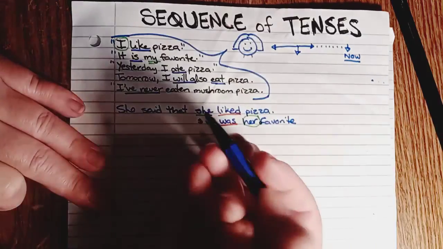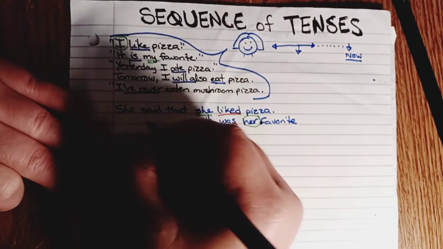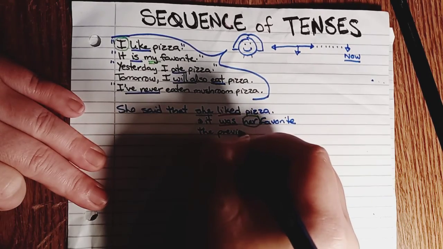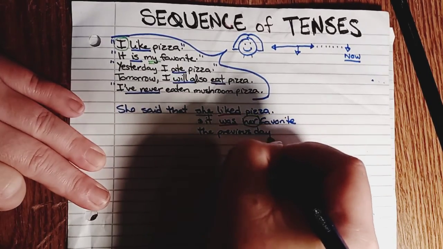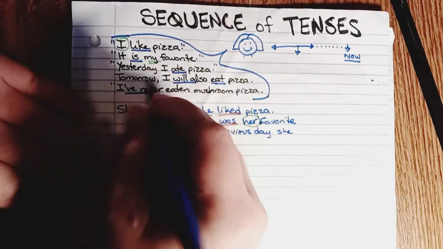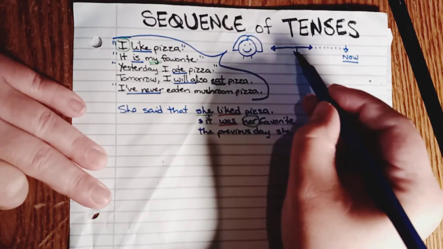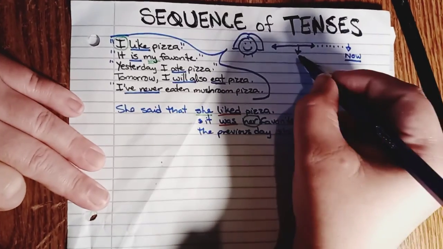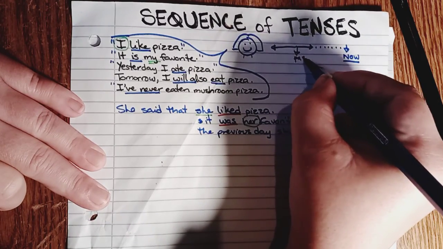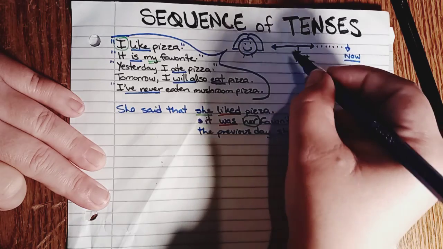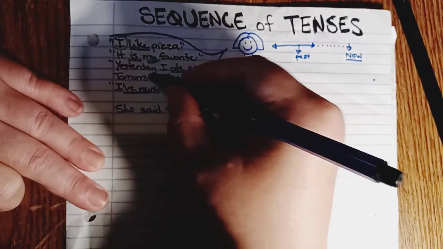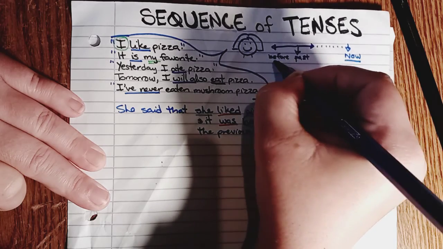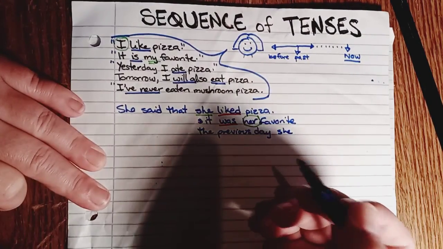So we need to change it to the day before. So she said that the previous day she, and since this is in the past, it was the past for her, but now it's the past before the past. This is when she said it. Now that is in the past. She said that, and this yesterday was before the past, so we use the past perfect.